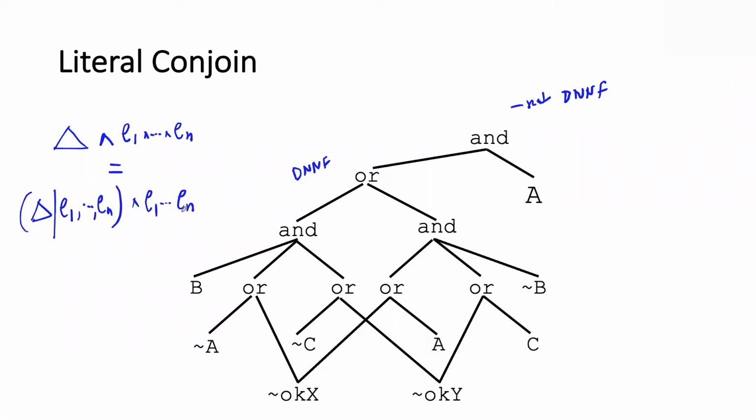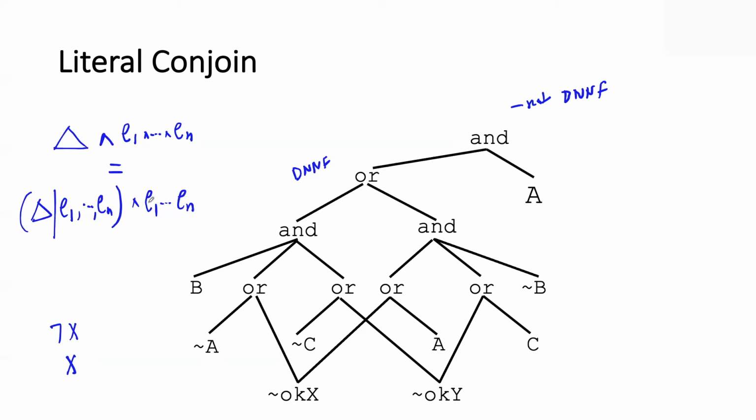Remember what conditioning is, because what is a literal? A literal is either positive or negative. So you can think of a literal as declaring the value of a variable, right? If I have the literal not x, I'm telling you x is false. If I have the positive literal x, I'm telling you x is true. The fact that you're conjoining with these literals is like conjoining with information that fixes the value of these variables. So what I can do is take my formula and condition on these literals. That means fix the value of each one of these variables according to what the corresponding literals say.